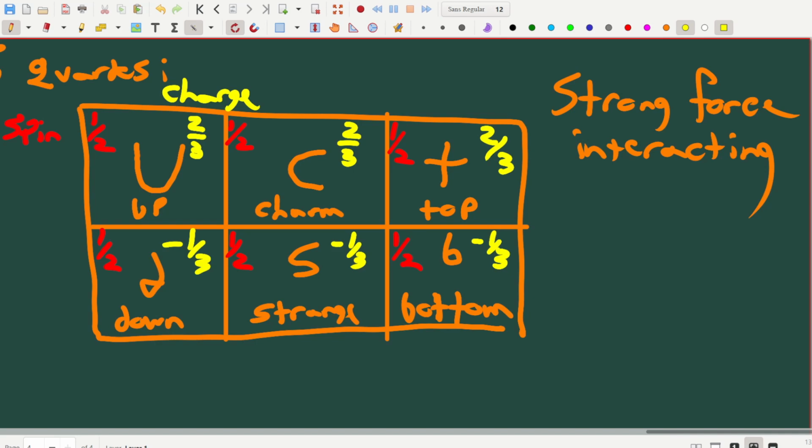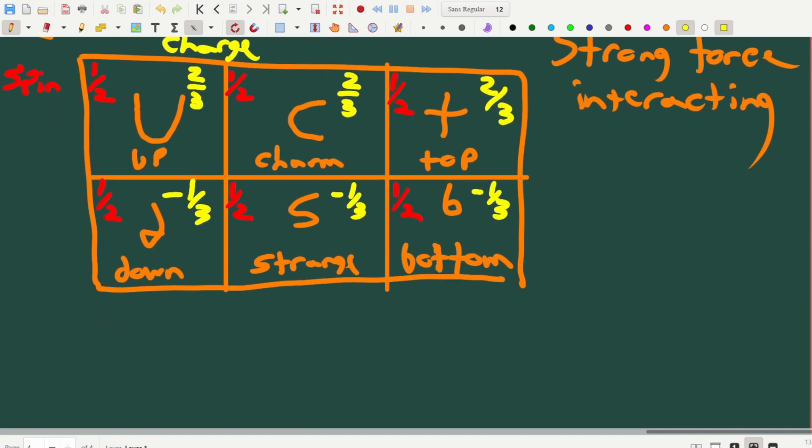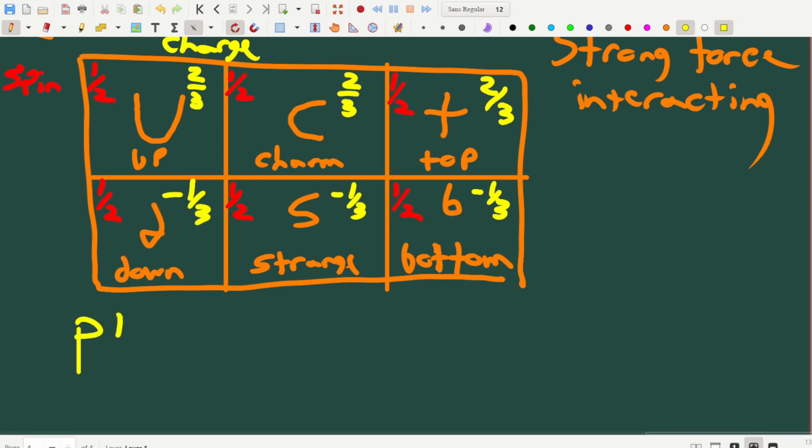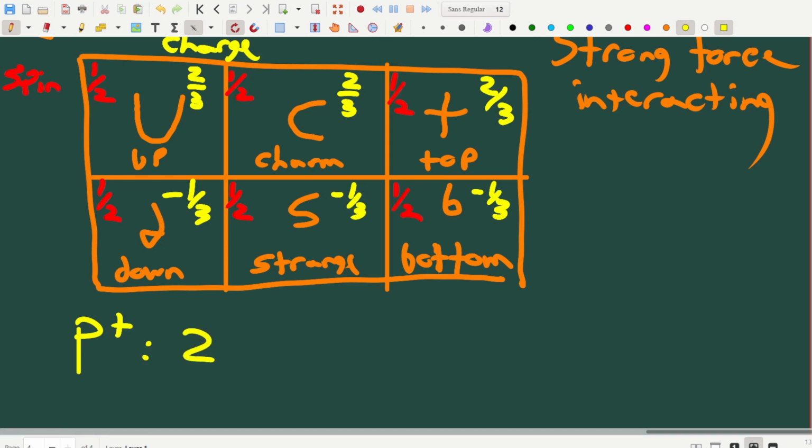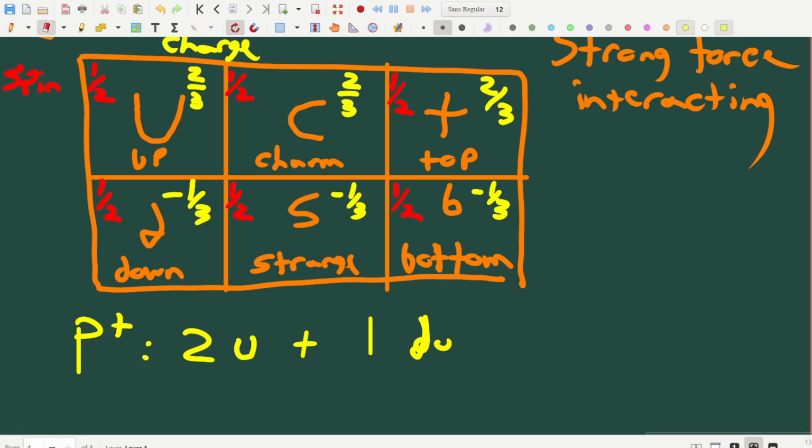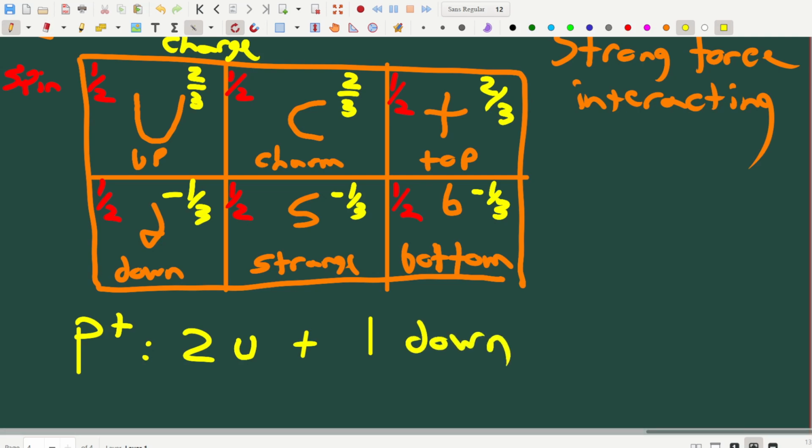So let's look at that really quickly. A proton is 2 up plus 1 down. If we look at the charges for 2 up and 1 down, we have 2/3 plus 2/3, that's 4/3.